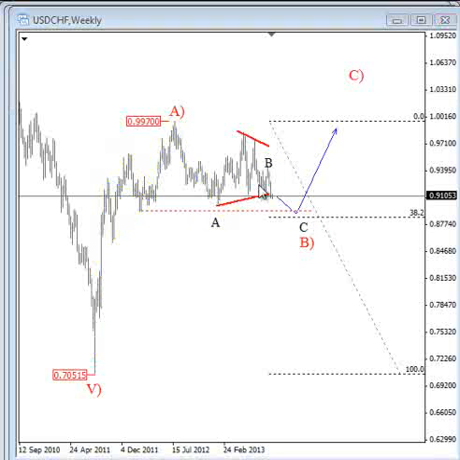Okay, in such case, this wave B should be made in 3 waves, and notice that this could be labeled as a first leg down as a wave A, and then we went sideways, which could be a wave B triangle, A, B, C, D and E, and now we are going lower.